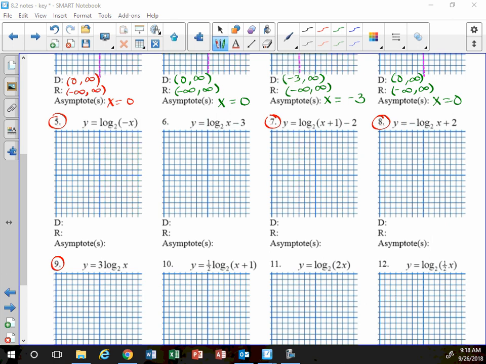Okay, so you've got a negative in x. I mean, this point won't change.